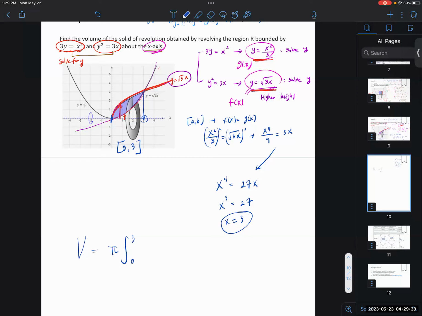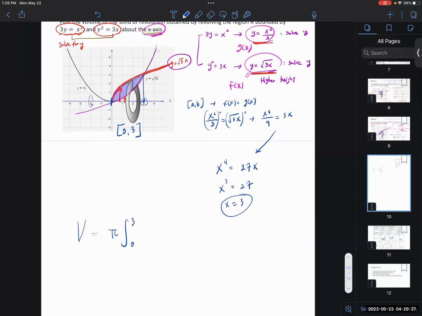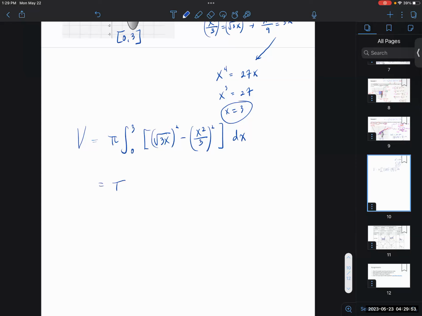So this is a rotation around the x-axis. So we're going to subtract: f, which is now the radical 3x squared, minus g, x squared over 3 squared, dx. And then pi from 0 to 3, so the radicals cancel: 3x minus x to the 4 over 9 dx.